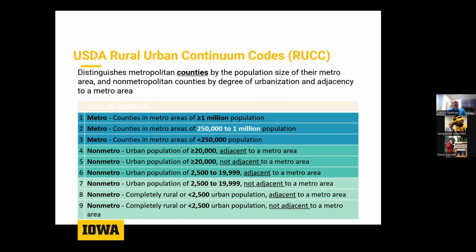These occur at the county level and distinguish metropolitan counties by population size of their metro area, and non-metropolitan by their degree of urbanization and adjacency to a metro area. There are 9 codes, and within the 6 non-metro codes, the 3 least populous categories are considered the most rural.